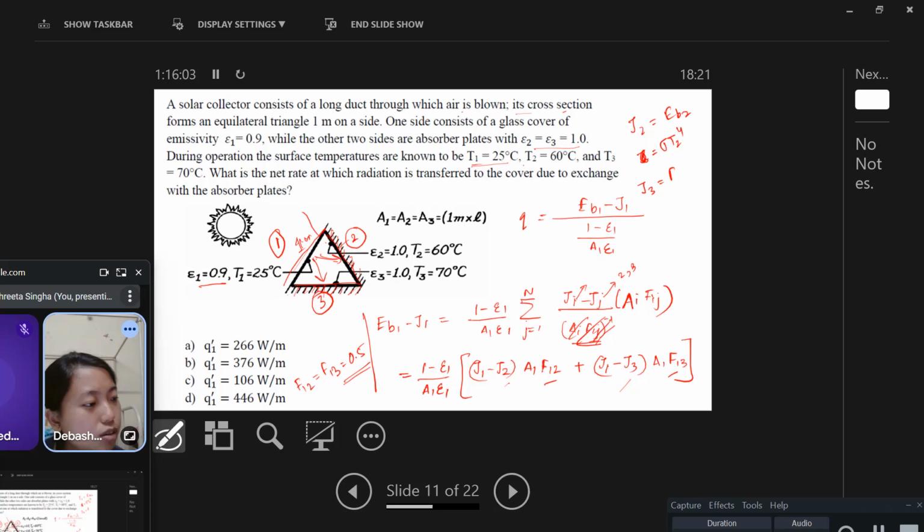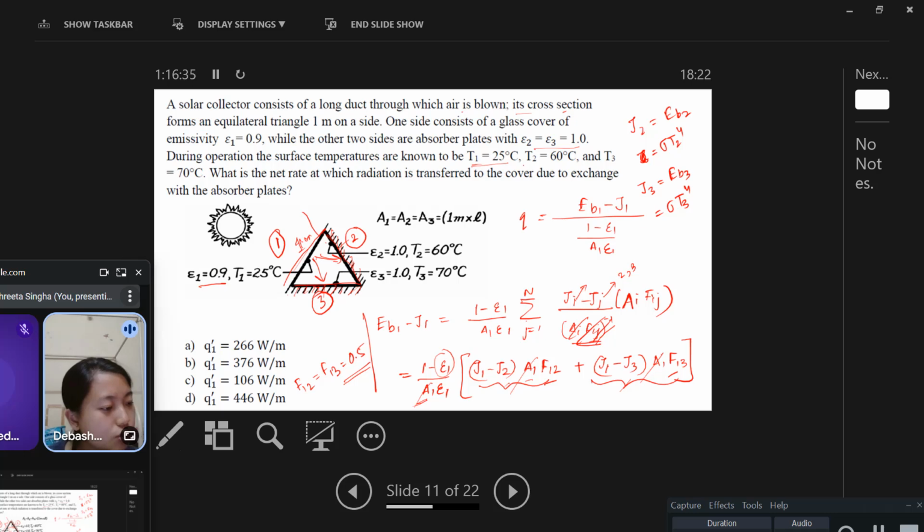J3 is Eb3, and Eb3 is equal to sigma T3 to the power 4. Right? Then epsilon 1 is given. A1 is common to both parts, so we can just cancel this A1.